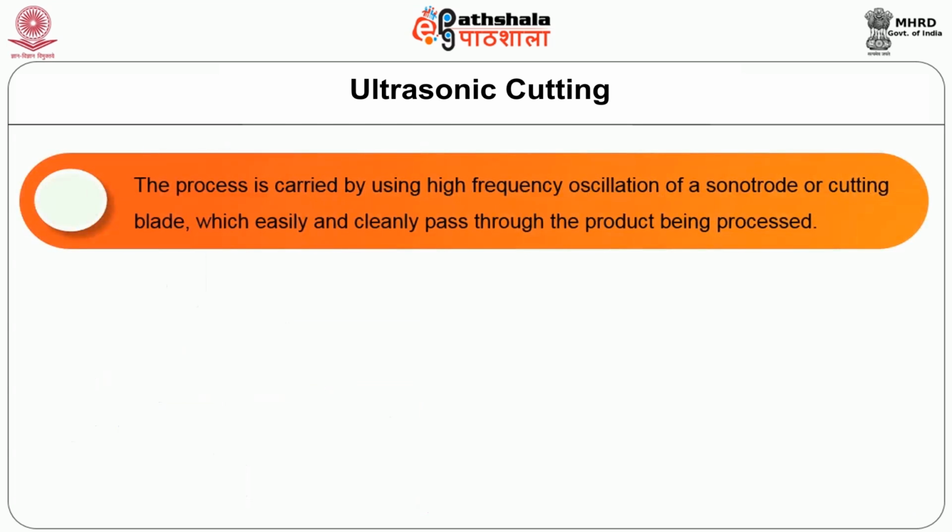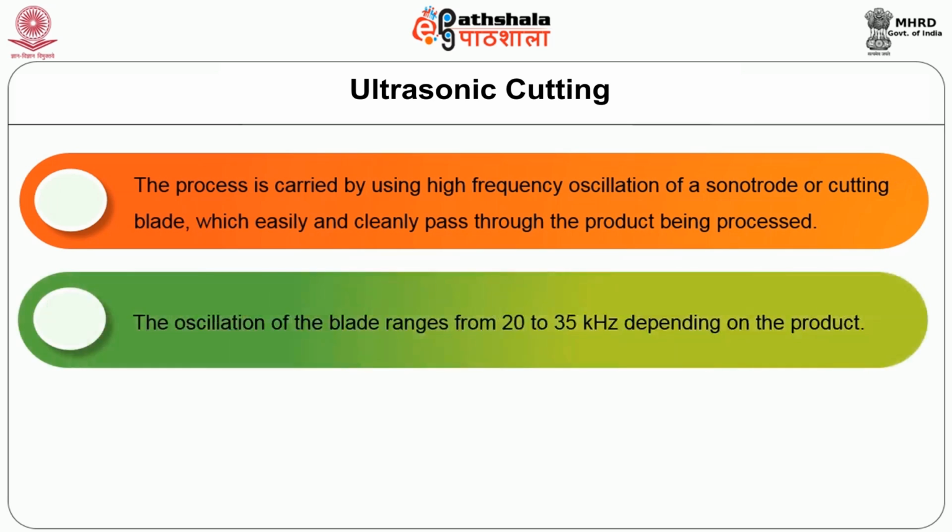The process is carried out by using high frequency oscillation of a sonotrode or cutting blade which easily and cleanly passes through the product being processed. The oscillation of the blade ranges from 20 to 35 kHz depending on the product.